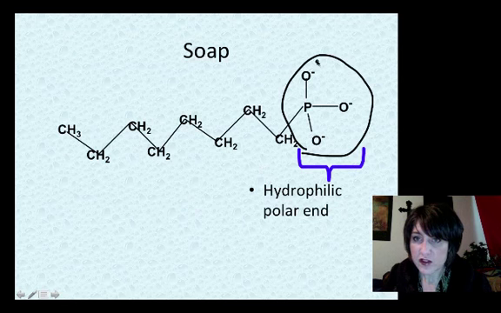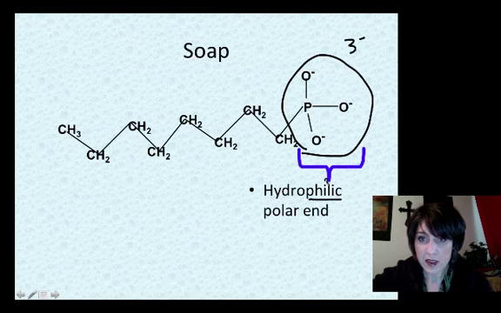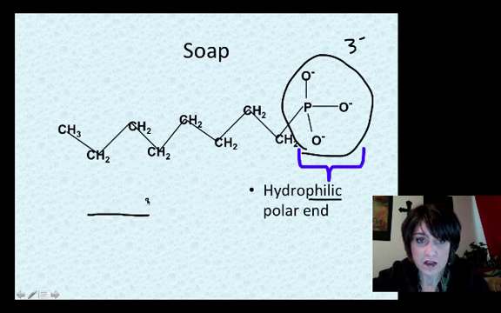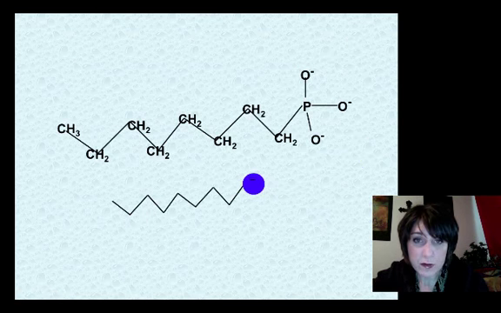These phosphate charges is a 3- charge, right? That's going to have a strong attraction for the polar molecule in water. So we have a hydrophilic or water-loving end, and then this hydrophobic or water-fearing end of the molecule. And so soap has unique properties that allow it to dissolve oil particles.